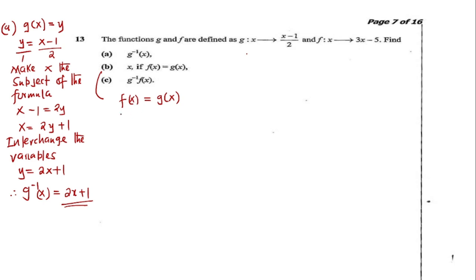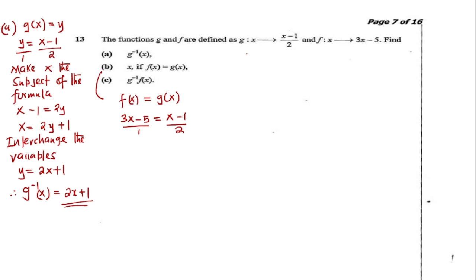What is the function for f? The function for f is 3x minus 5, being equal to the function for g, which is (x minus 1) over 2. So we'll put it over 1 there, then we cross multiply.